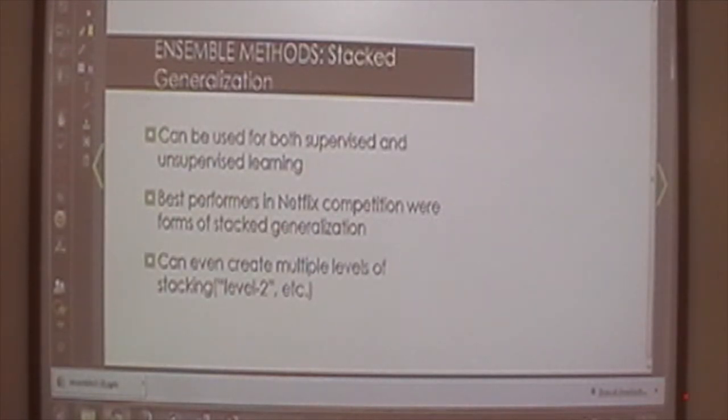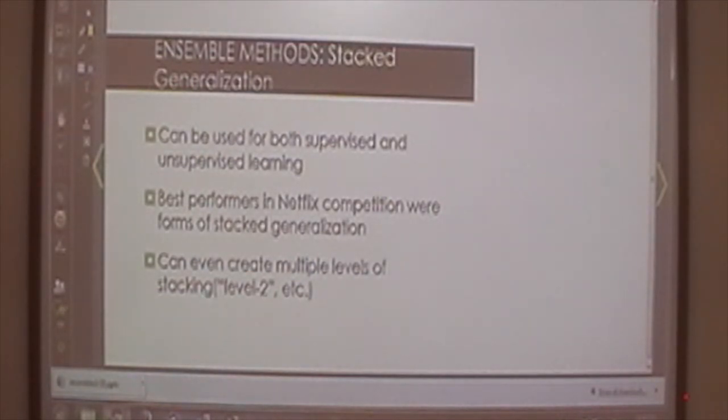Level 1? Right. And then what kind of a level 1 are you creating? I don't know, you can create different types of level 1. Then the level 1s that you get from each level 0 classification, you put into a level 2?